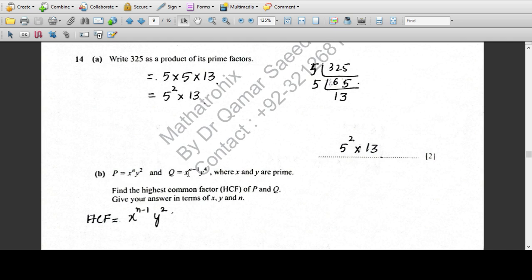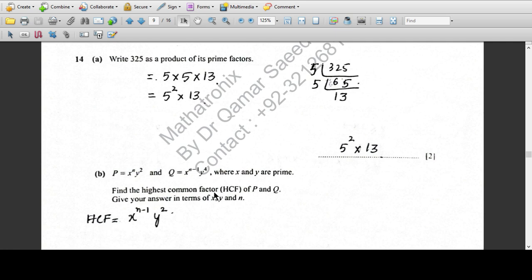Here the minimum power is x^(n-1), which is less than x^n, so we take this as a common factor. And here y^4 and y^2: y^2 is part of y^4, so we take the minimum power of y, which is y^2. So we take the minimum power of x and the minimum power of y in both expressions.